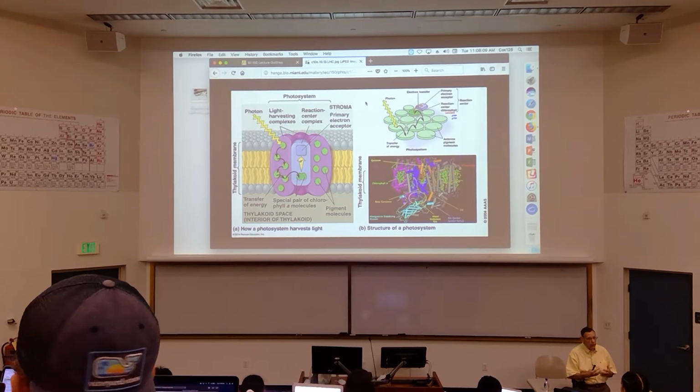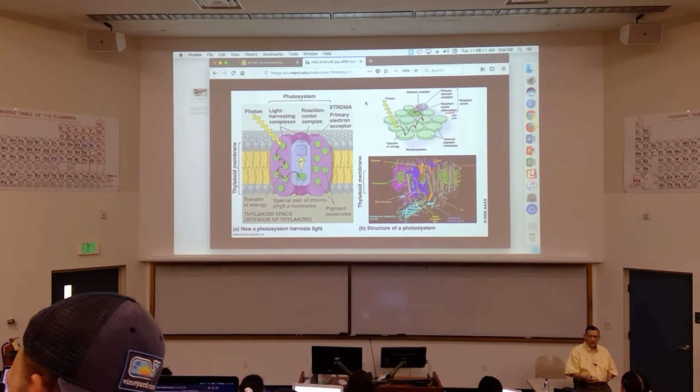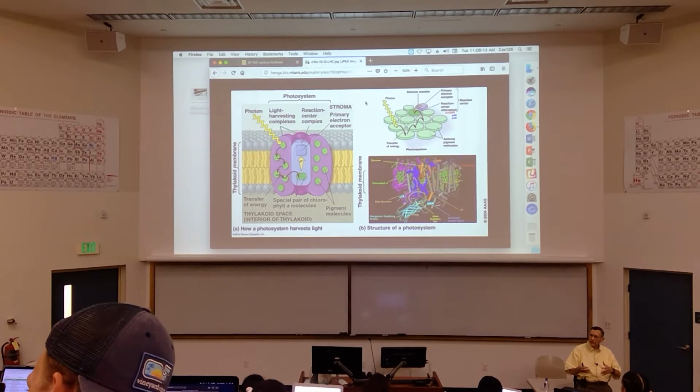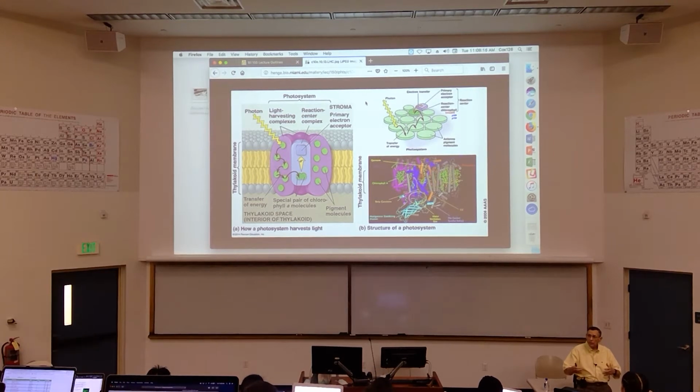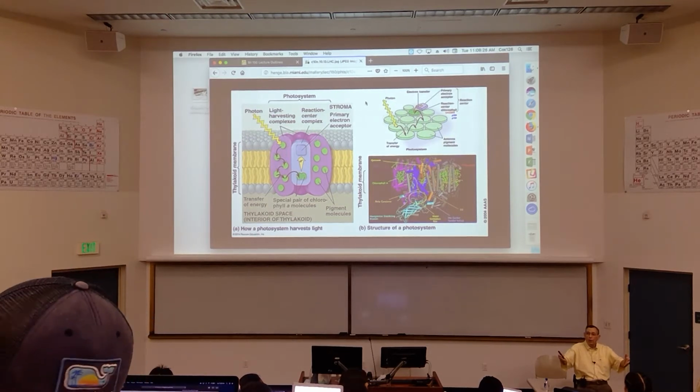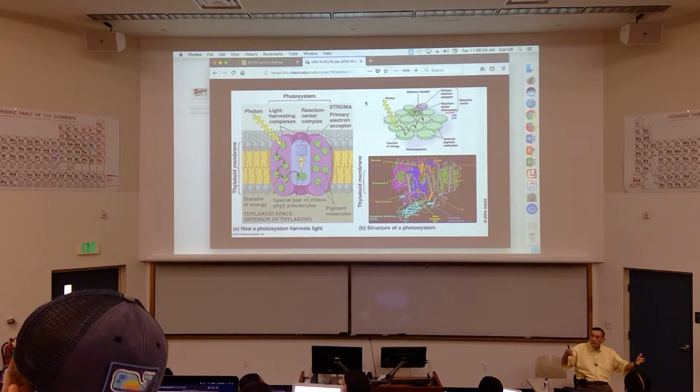The re-reduction comes about by an oxygenase enzyme. The oxygenase enzyme splits water, passes the electrons to the chlorophyll, releases the oxygen, and the protons then accumulate in the interior of the thylakoid membrane. So you're basically hydrolyzing water into oxygen and hydrogen.